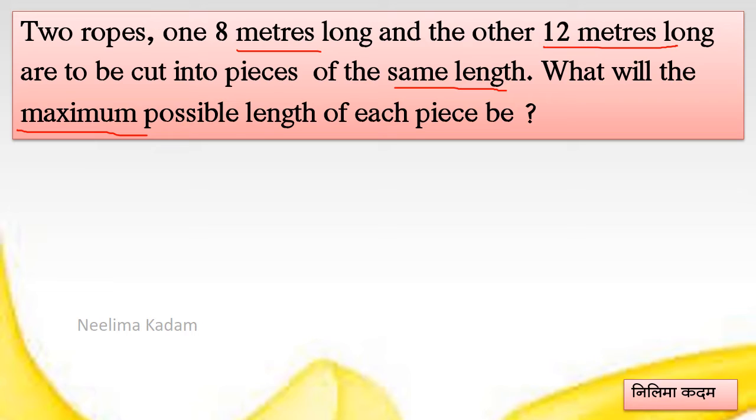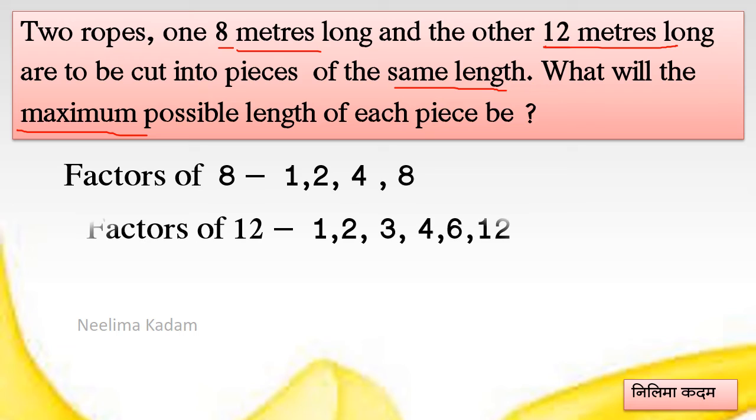So which numbers? 8 and 12. Let's go for it. Factors of 8. Factors of 12. Now of this, common 1, then 2 and 4. Right?